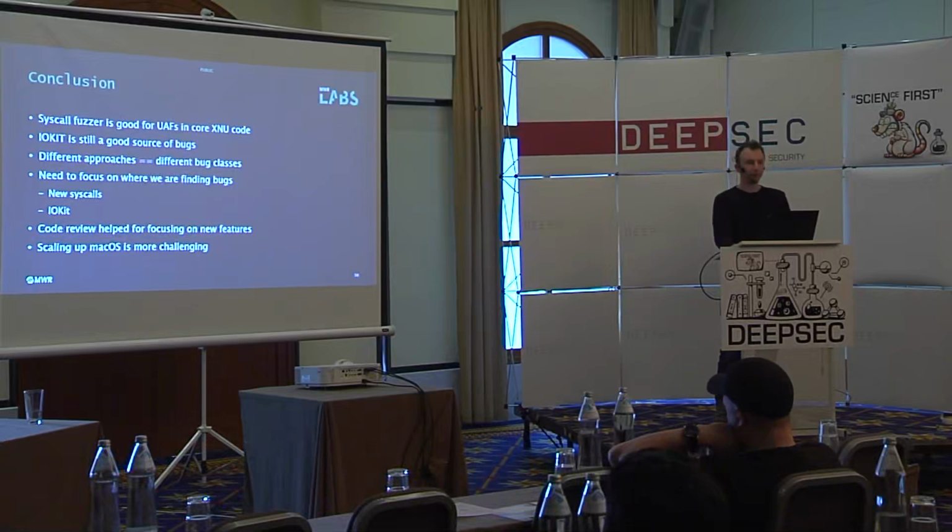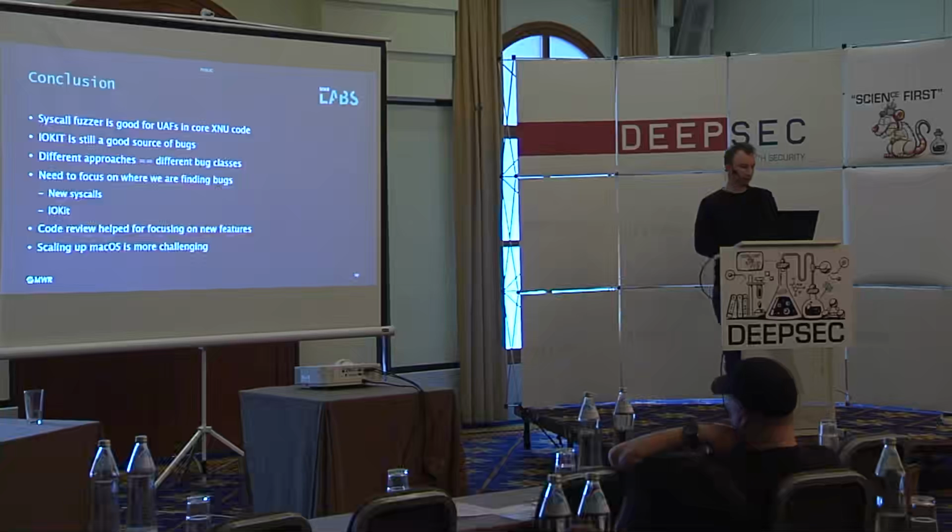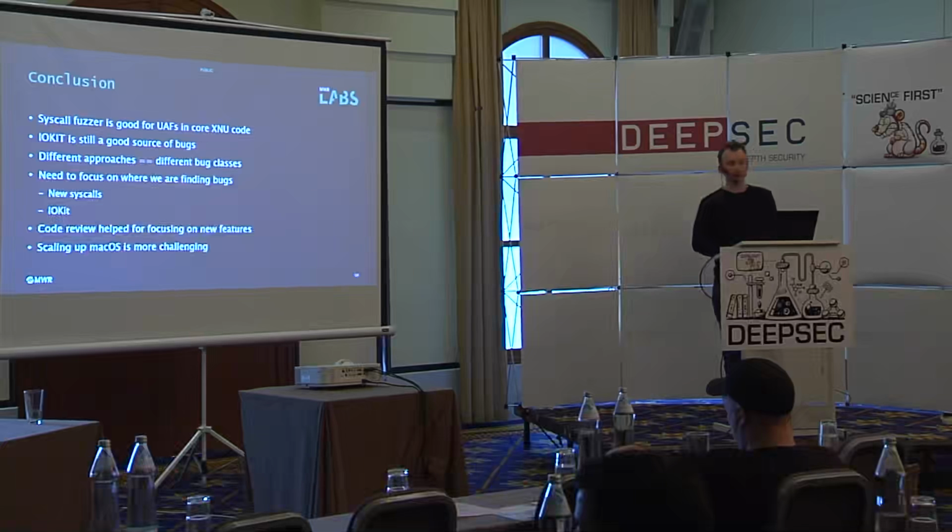Different approaches find different bugs. It's kind of obvious really. It's good to focus on green code, like new code. If code has recently been added, then it's likely that it hasn't undergone as much security assurance as old code.